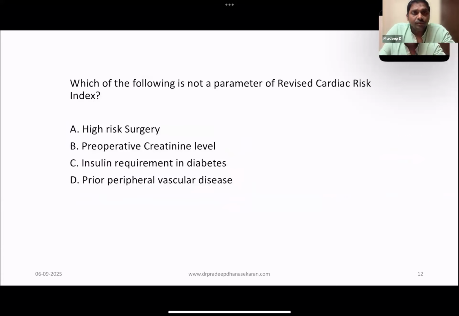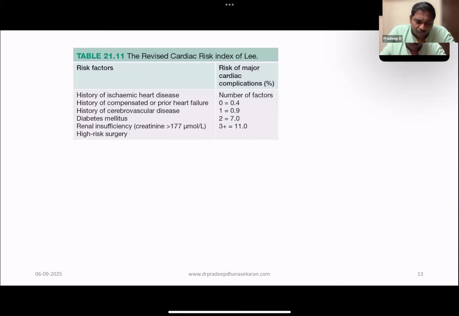Right. Which of the following is not a parameter of the revised cardiac risk index? What do you mean by revised cardiac risk index? It's nothing but RCRI. This is what the cardiologist would use when you send the patient for a cardiologist opinion for fitness for surgery. So these are the cardiac risk index of Lee.